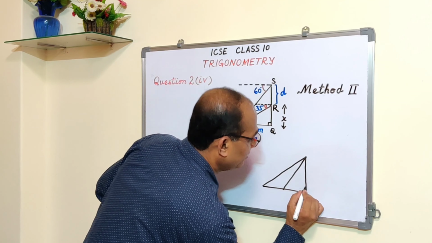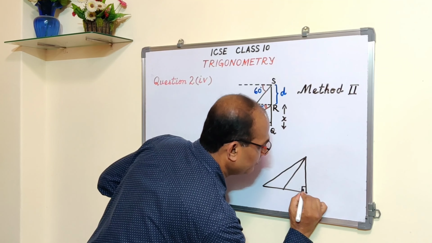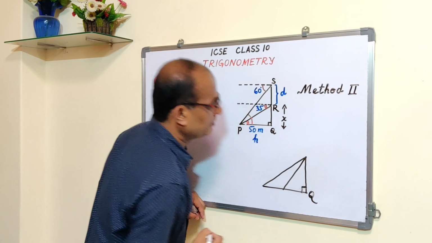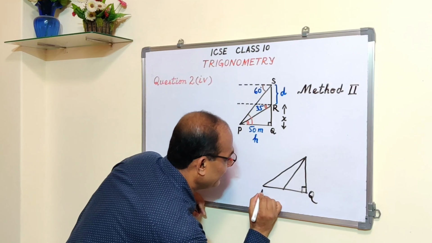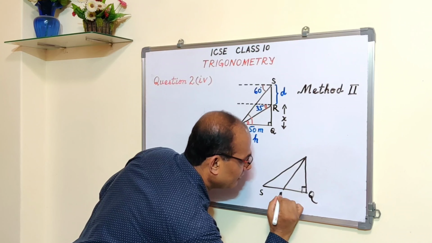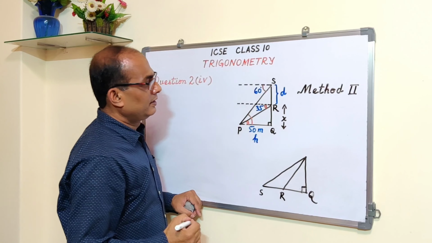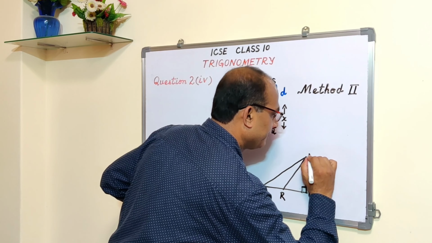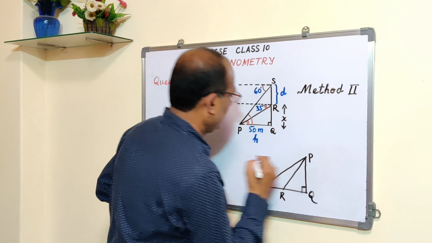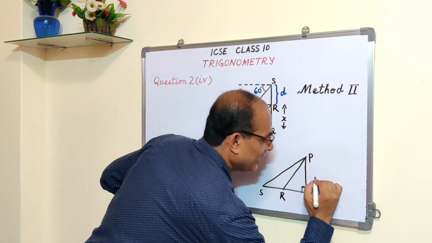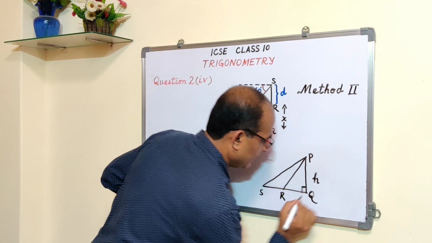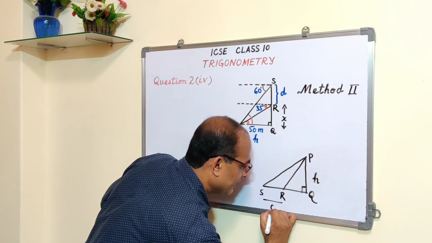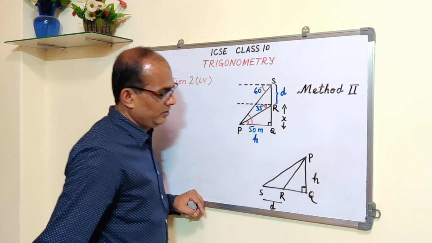This remains Q. This will be S. This will be R. And this will be P. PQ we are calling H. Let me write down here H. And this SR we have taken D. This distance we are calling D.